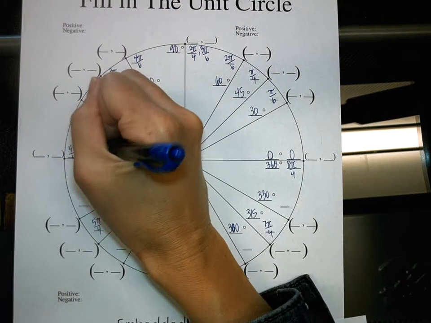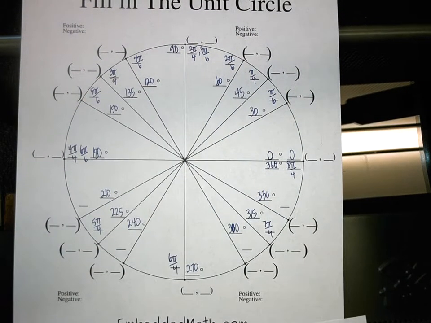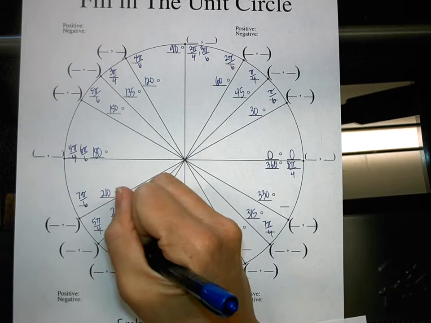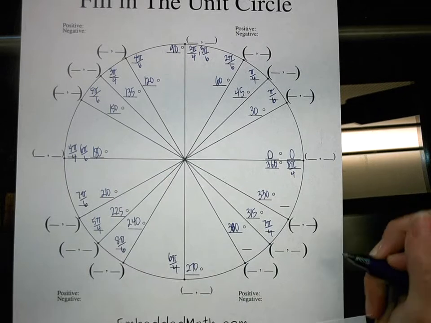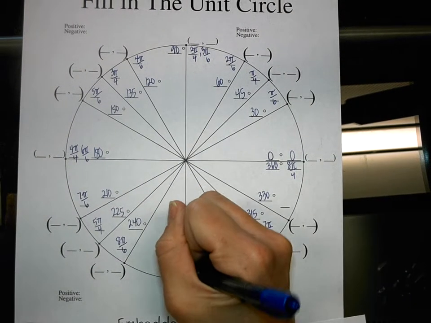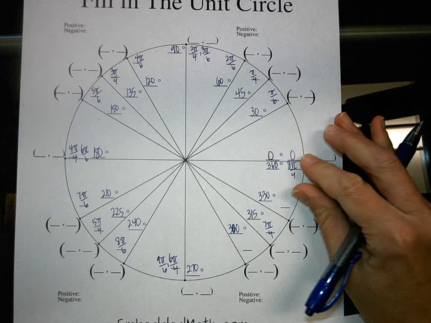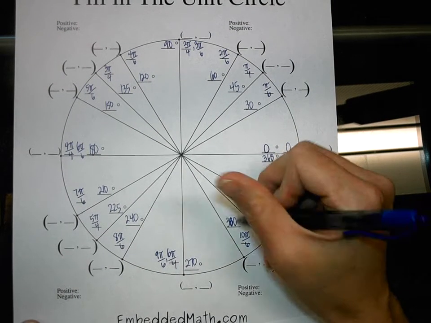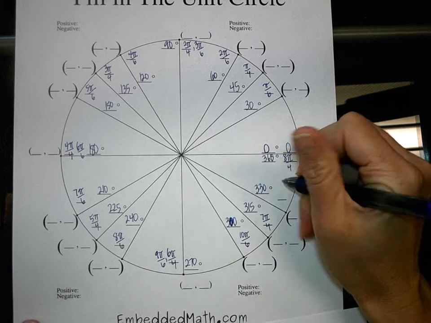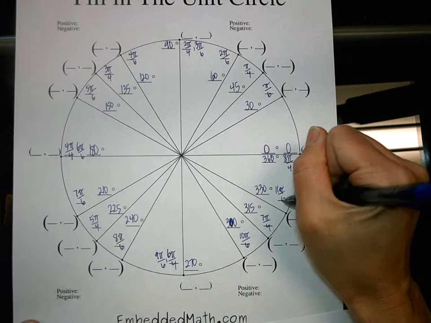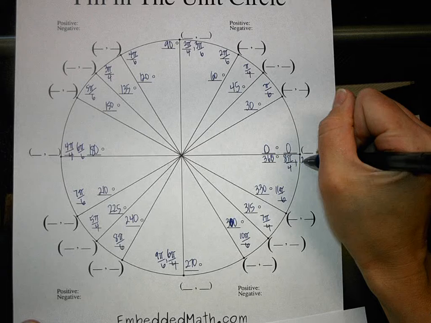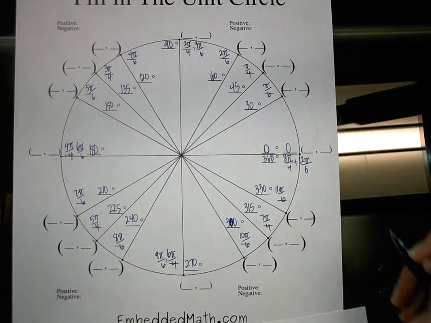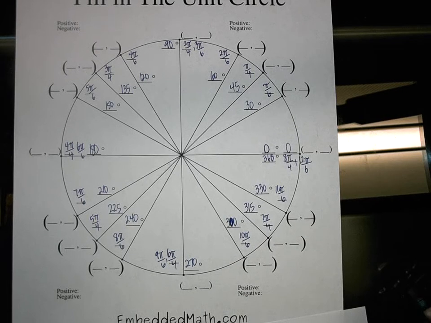We have 6 pi over 6 at 180. 7 pi over 6 at 210. 8 pi over 6 at 240. 9 pi over 6 at 270. 10 pi over 6 at 300. 11 pi over 6 at 330. And then 12 pi over 6 at 360. Do we have any questions there?